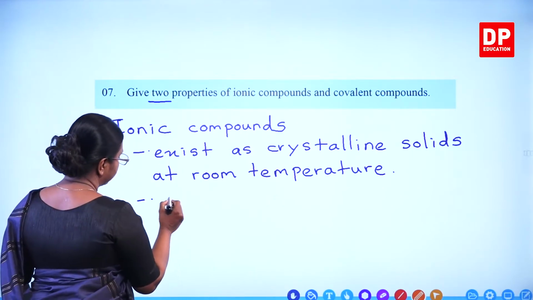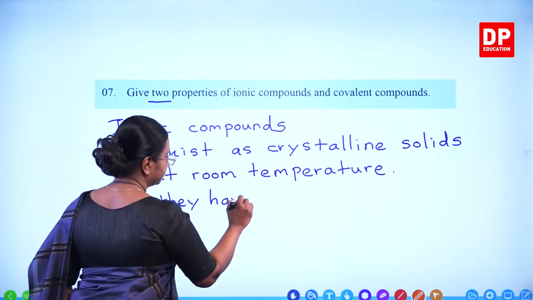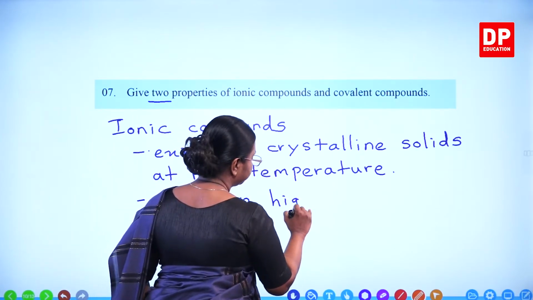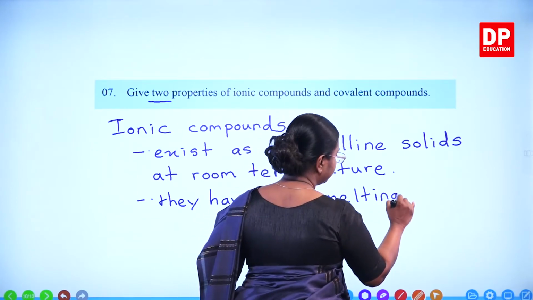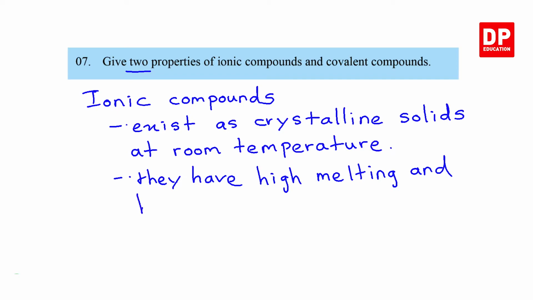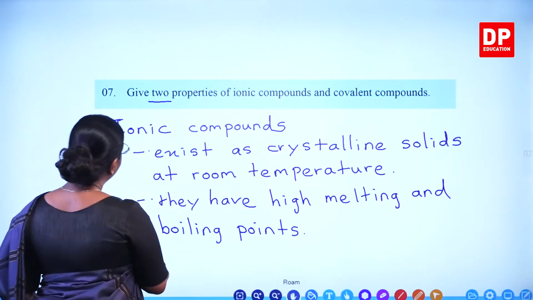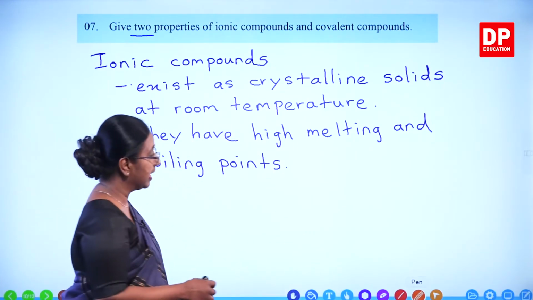And also you can say they have high melting and boiling points. That is for ionic compounds. You can write any other property as well.